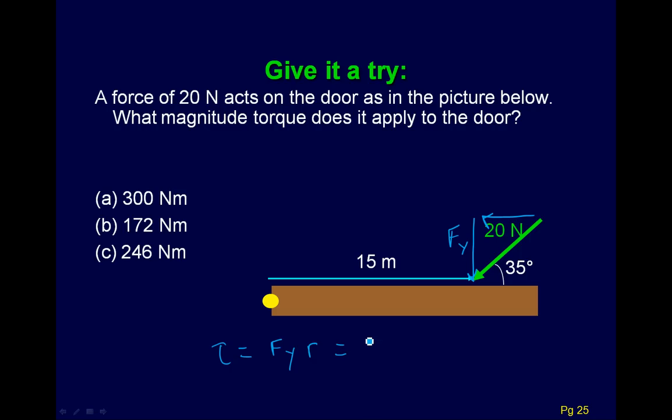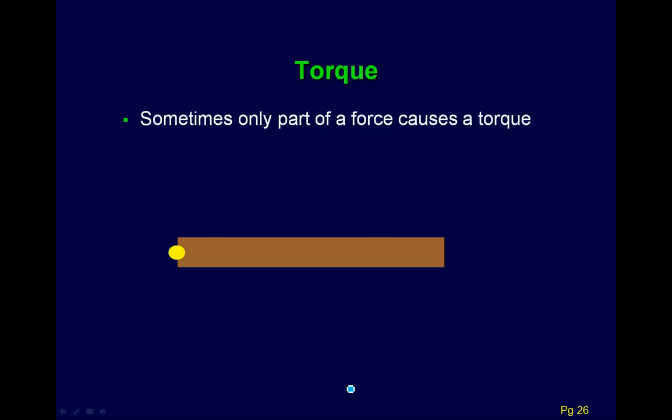The force in the y direction would be the 20 newtons, and this is the angle 35, which would be the same angle as over here. The Fy is the one opposite of that, and so it would be using sine, so it would be 20 newtons times sine of 35 times the 15 meters, and that comes out to be the 172.